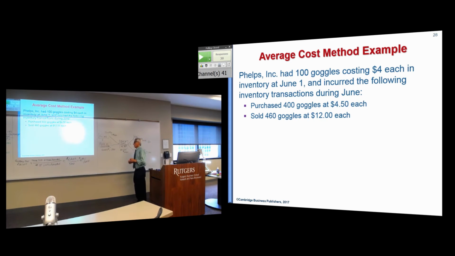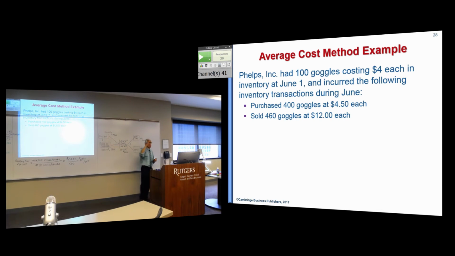Now, it is a weighted average, and what are the weights? The number of units in each batch or each level. So it's a very simple weighted average. And how do I know the weighted average is working? Because $4.40 results because the weights are heavily on what? The purchase at $4.50. Well, you got more units in the $4.50 batch than you do in the $4 batch.